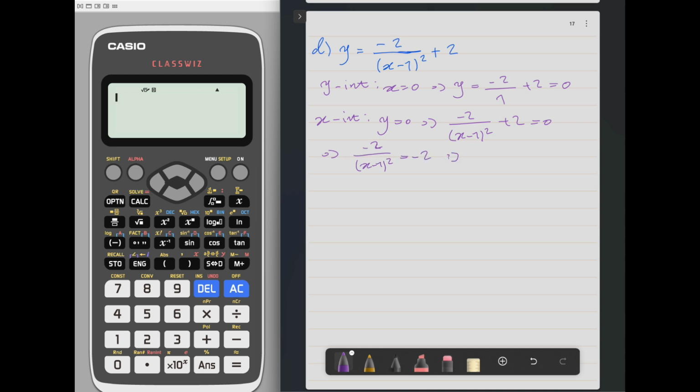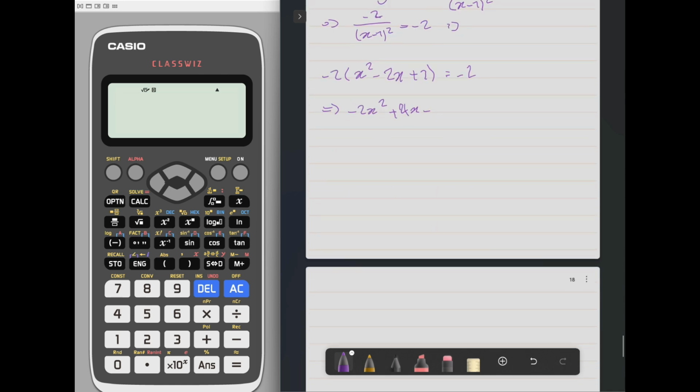So I'll have minus 2 equals minus 2 times x minus 1 squared. Okay, x squared minus 2x plus 1 is going to be equal to minus 2, so minus 2x squared plus 4x minus 4 is going to be equal to minus 2.